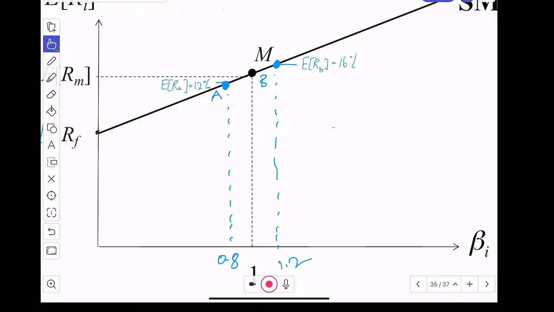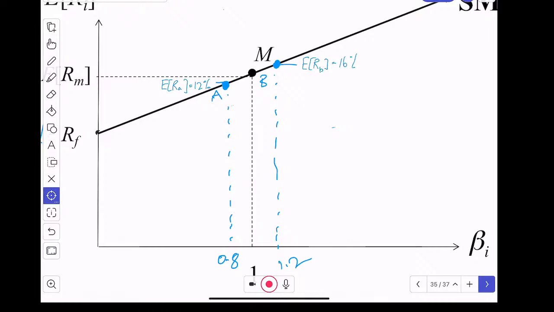So we use the security market line to find the required rate of return for these assets. And next, we want to combine those two assets. Now that we have their expected returns, we want to combine them. If we combine them, any combination of them will also end up on the security market line.